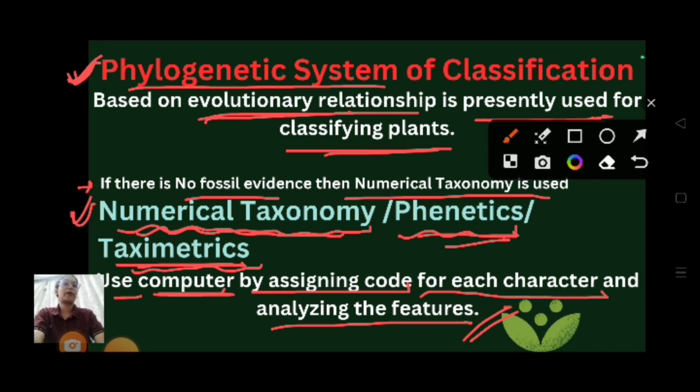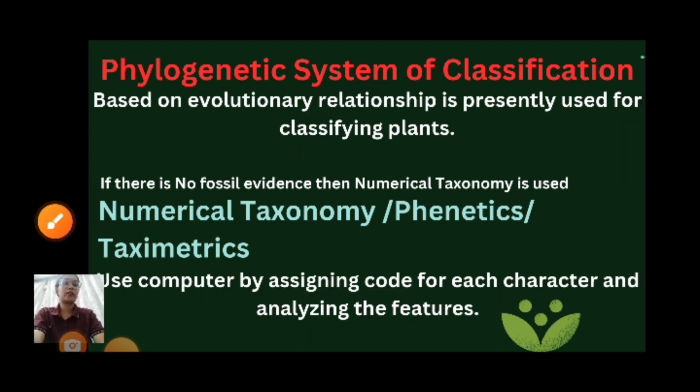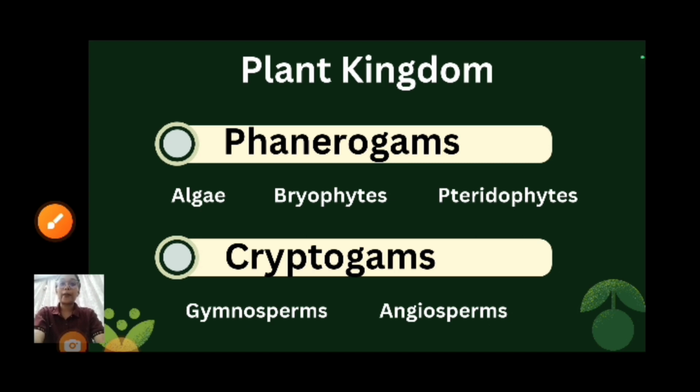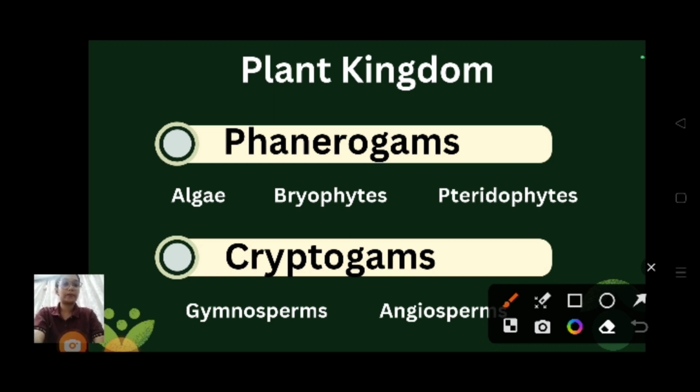Now the plant kingdom has been divided into two parts: number one is phanerogamy, number two is cryptogamy.